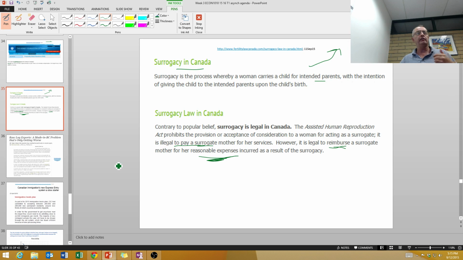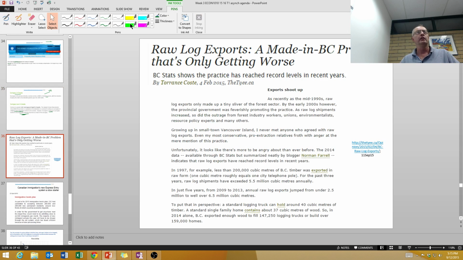So another product that is not banned in Canada at the moment, but sometimes we hear about it. I came from British Columbia, and we constantly hear in BC about this demand for a ban on so-called raw log export.